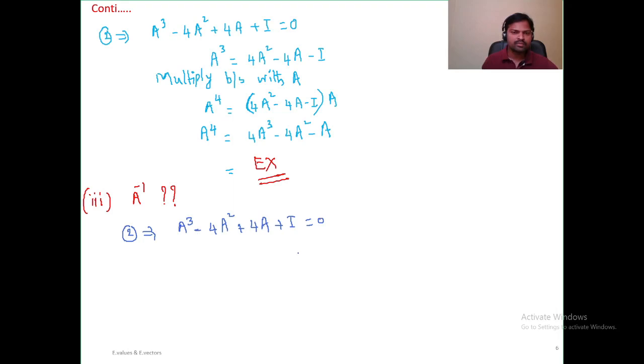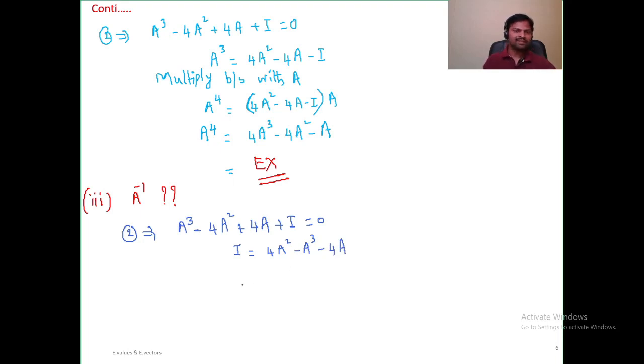And here keep identity matrix on the left hand side only. Remaining all these three matrices, I am sending to the right hand side. So what will you get? 4A square minus A cube, isn't it? Minus 4 times A.